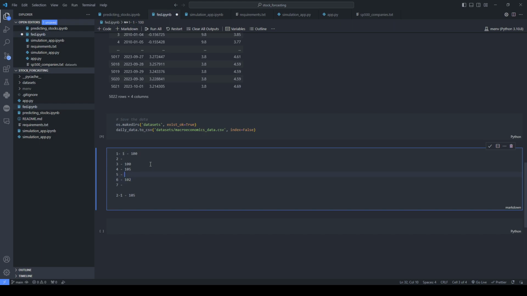What I've done is gradually multiply them with proportional values. I've increased them over 30 days until they reach 105.